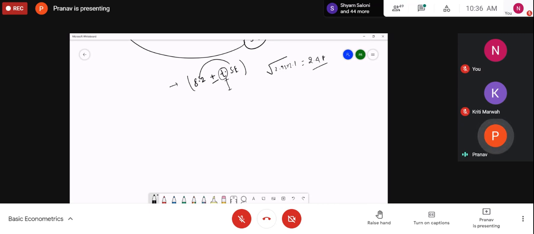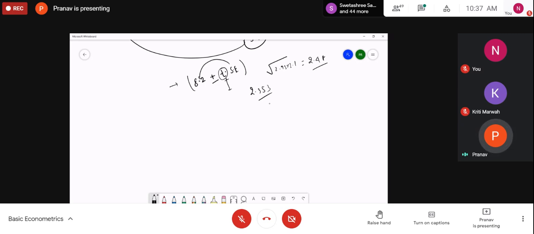Now T critical, if you look at the T table for 10% significance, that is 5% on one side and 5% on the other side, this is two-tailed. So that T critical is 2.353.